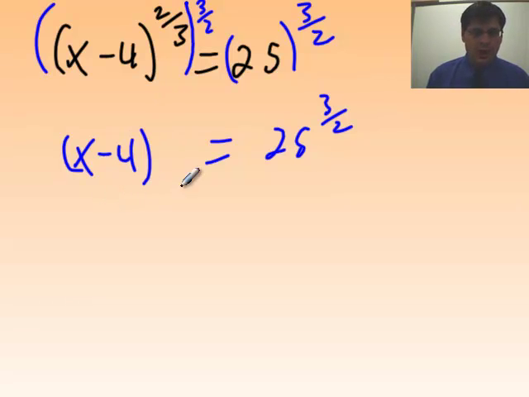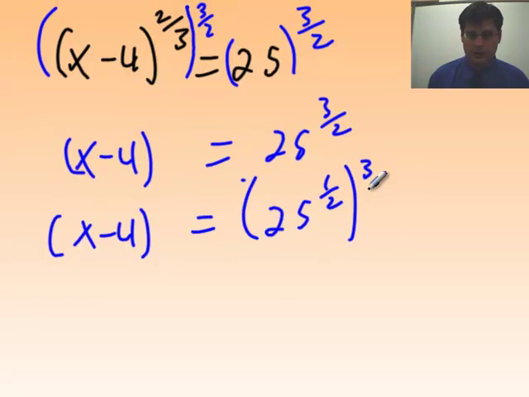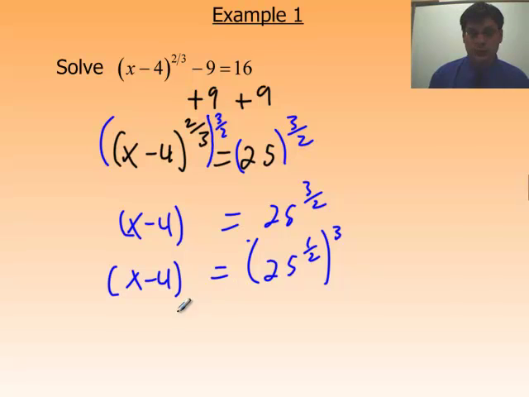Now I'm going to simplify this 25 to the 3/2 power. So I'm going to have x minus 4 equals, remember this can be rewritten as 25 to the 1/2 power cubed, or in other words, the square root of 25, which is 5, cubed.